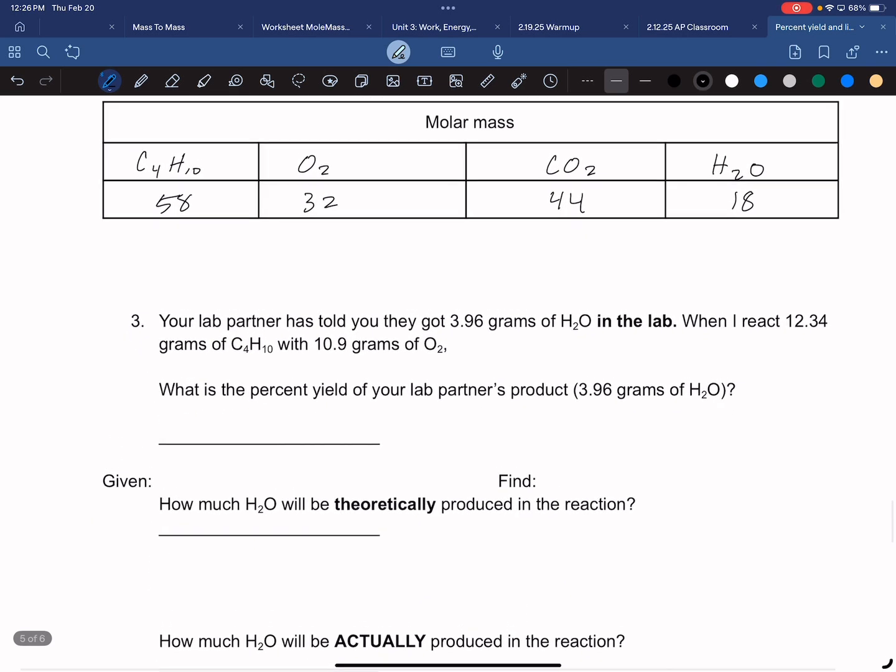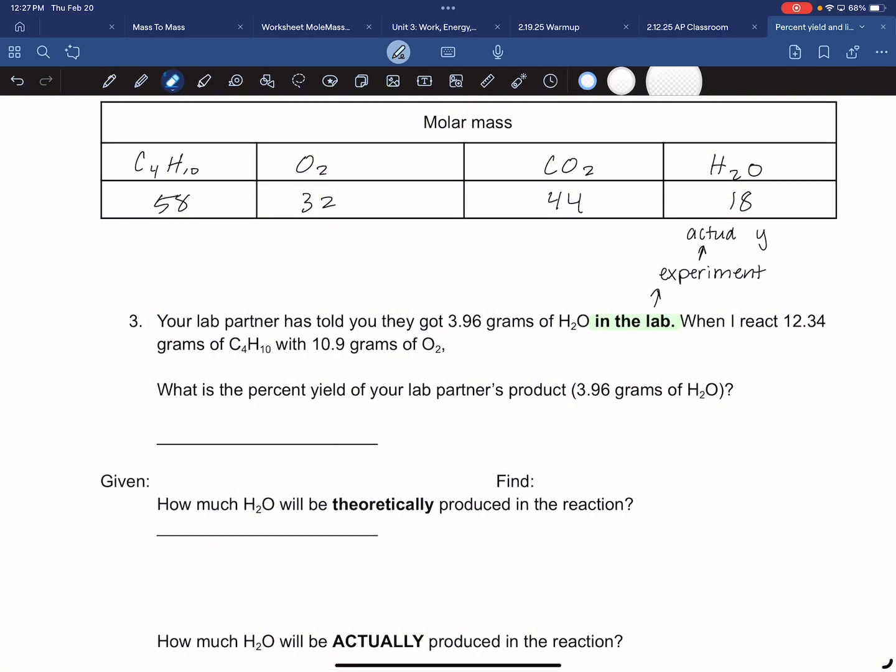Number 3 says your lab partner told you that they got 3.96 grams of H2O in the lab. So what did they perform? An experiment. If they did it in the lab, this is an experiment, and this is going to be what type of yield? Your actual yield. Okay, so I'll just say 3.96 is actual.